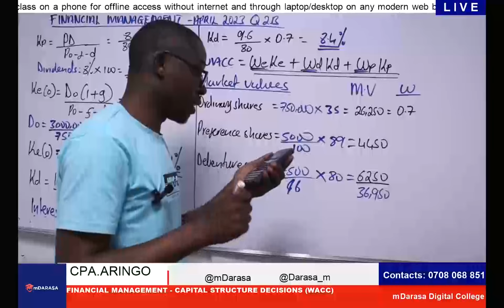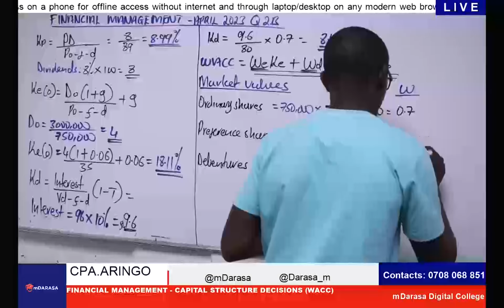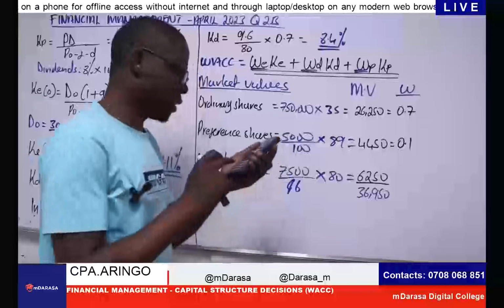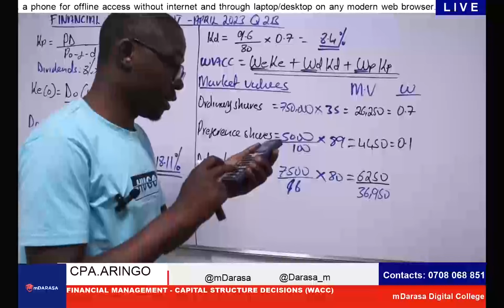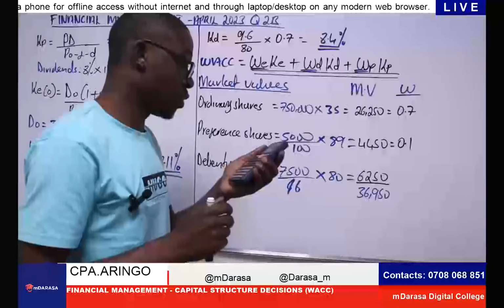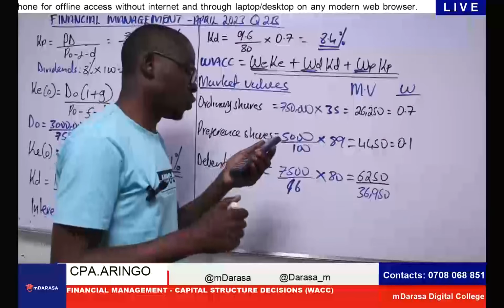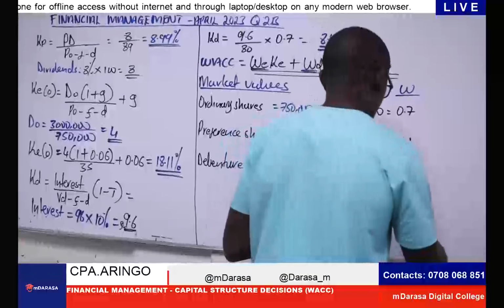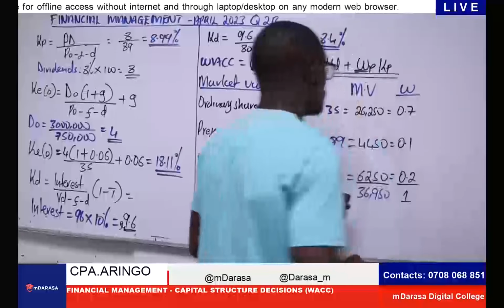In this case, I'm getting 0.1. And finally, 6250 divided by 36,950. I'm getting 0.2, right? Because the weights will always equate to 1.